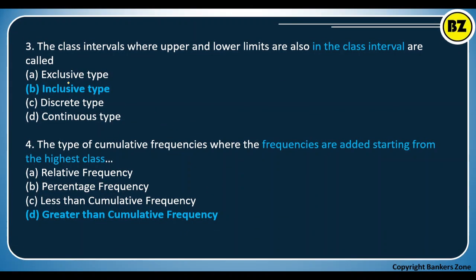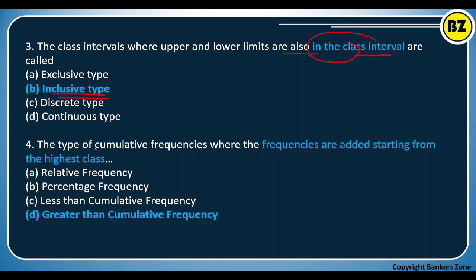Now see the next. The class interval where the upper and lower limits are also included in the class interval is called what? When both lower as well as upper limits are included, it is called the inclusive type. If they are excluded, then it is exclusive type, but here they are included. See, both are in the class, so it is inclusive type.